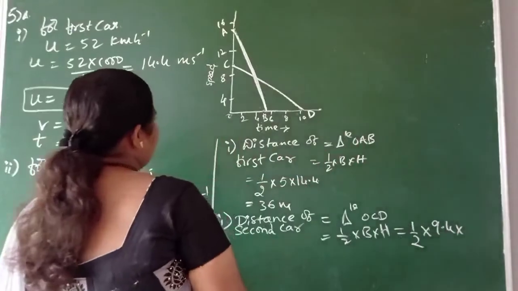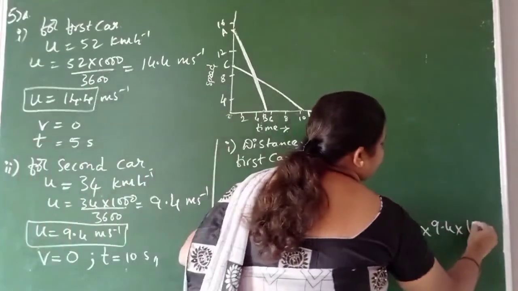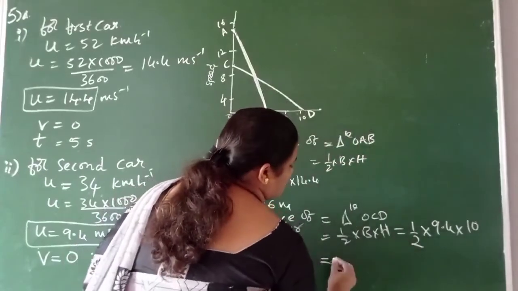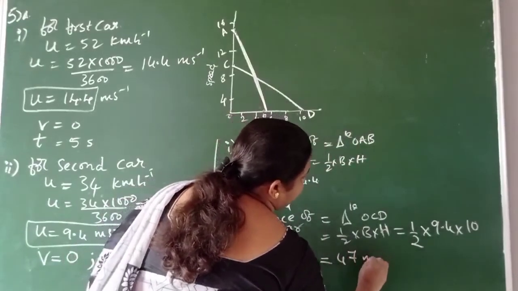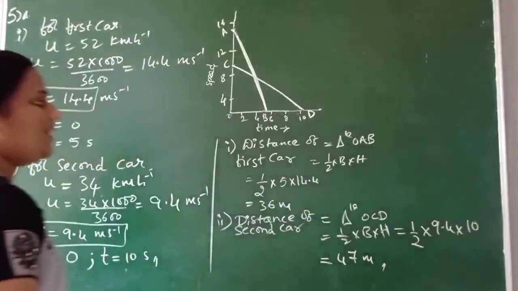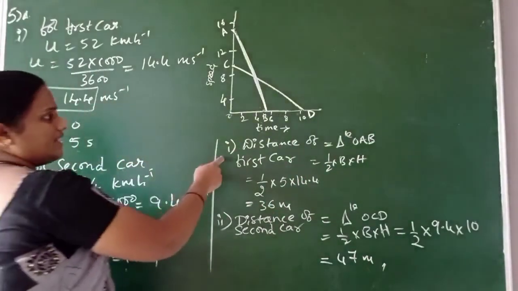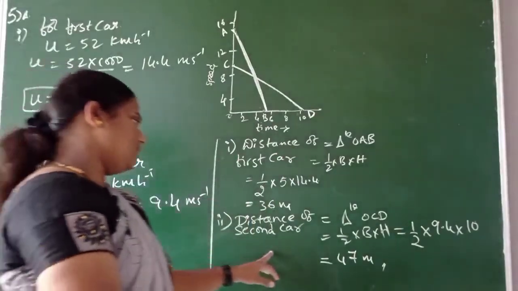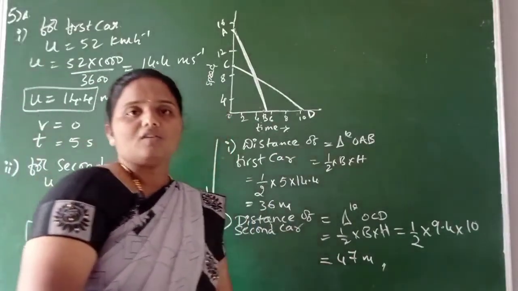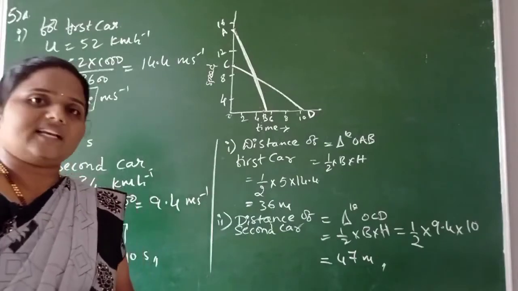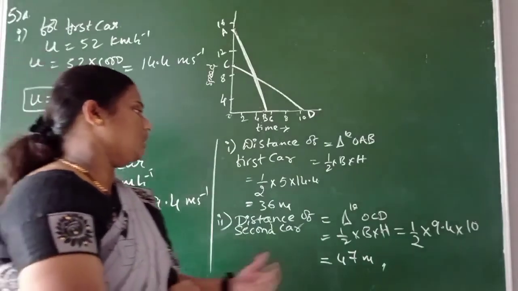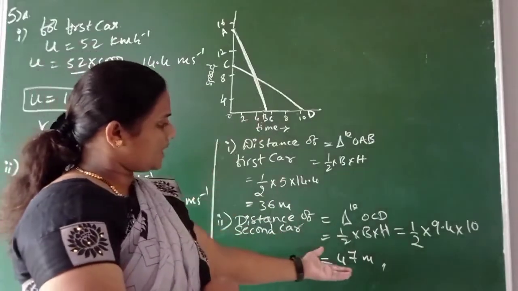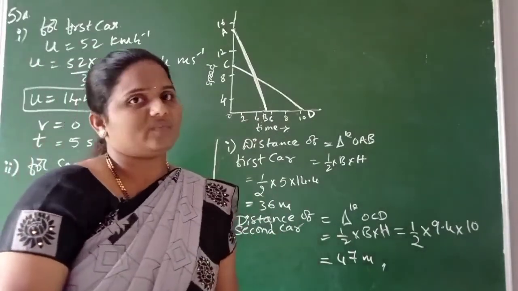Time is what? 10 seconds, isn't it? So you will get 47 meter. So here the first car is moving a distance of 36 meter, and the second car travels a distance of 47 meter. Is it clear, children? And we can say that the second car is moving with more speed. Is it clear?